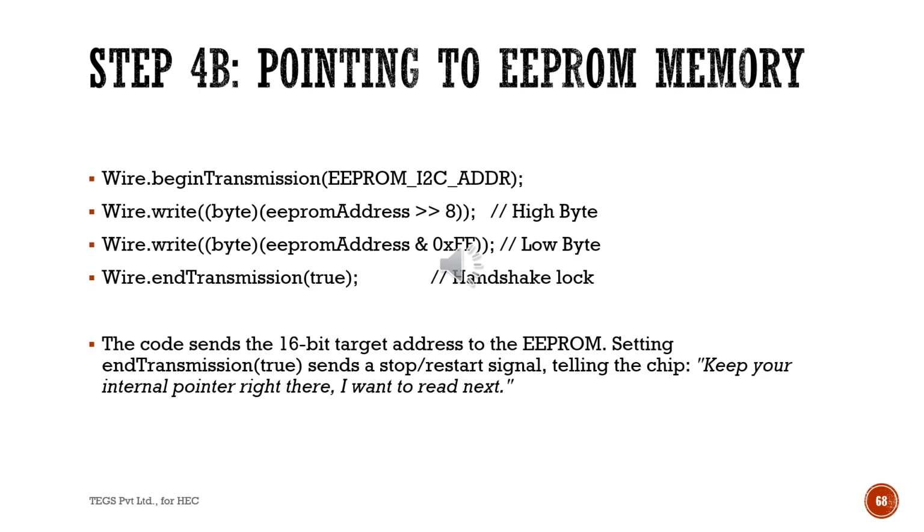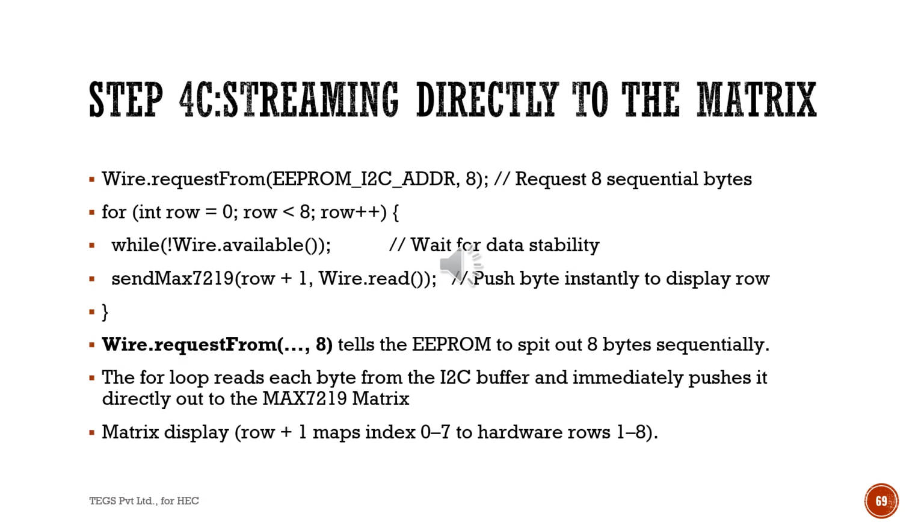Step B, pointing to EEPROM memory. The code in this section addresses the EEPROM and fetches the data from the EEPROM. Step C, streaming directly to the matrix. The following lines stream the data received from EEPROM to the 8x8 matrix.